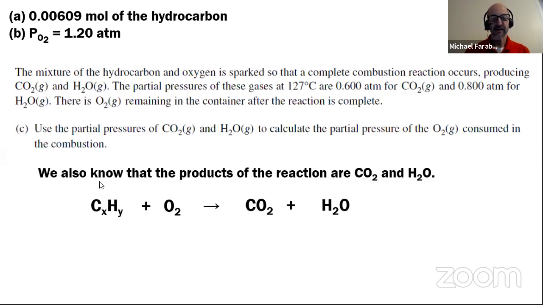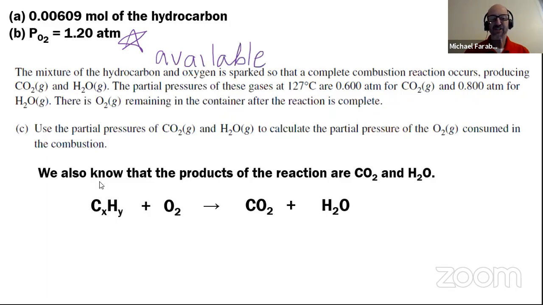So part C, use the partial pressures of CO2 and H2O, which are 0.6 atmospheres and 0.8 atmospheres, to calculate the partial pressure of the oxygen consumed. Now, don't confuse this with the answer to part B. In part B, this was how much oxygen was available.